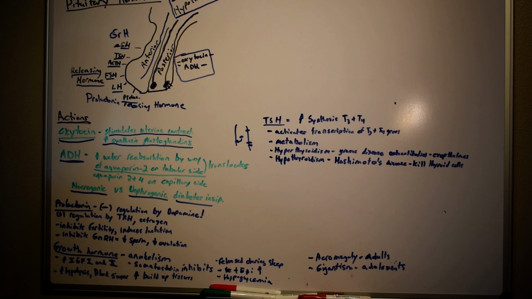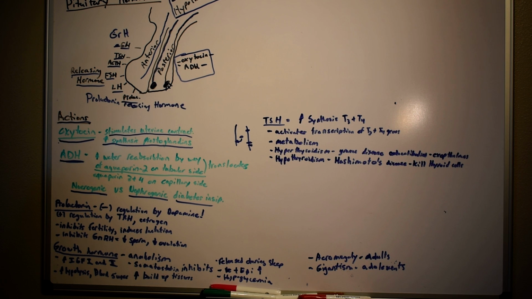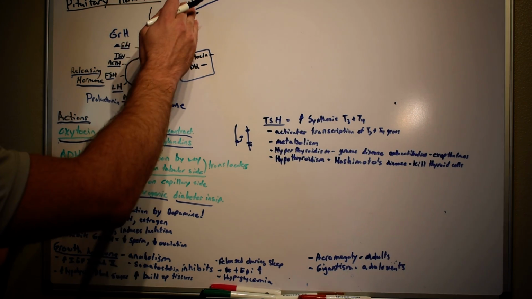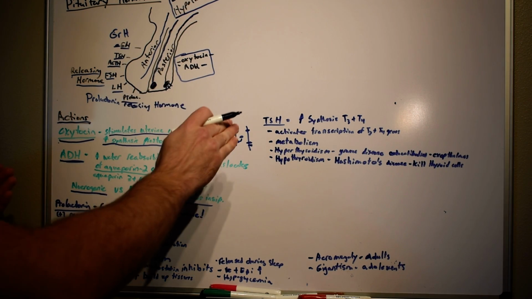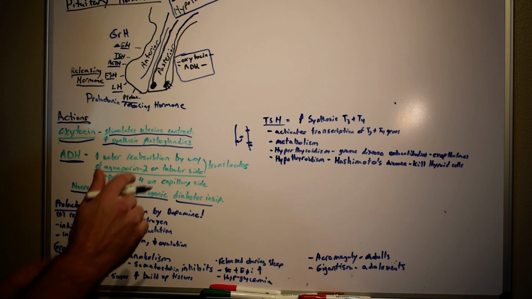All right, so we're either going to have neurogenic or nephrogenic. What's the way we can tell? I think this is the most important thing that he's getting at as I look back through my notes here. The way we can differentiate the two is that neurogenic is characterized by the hypothalamus not sensing the correct osmolarity of the plasma within it.